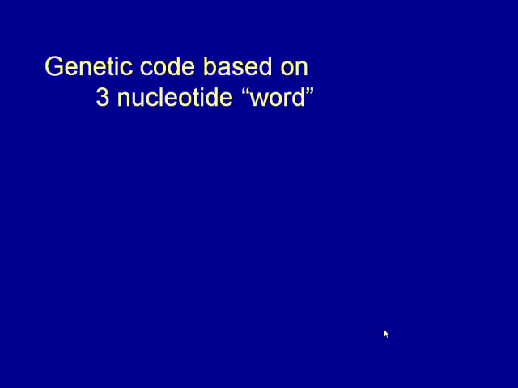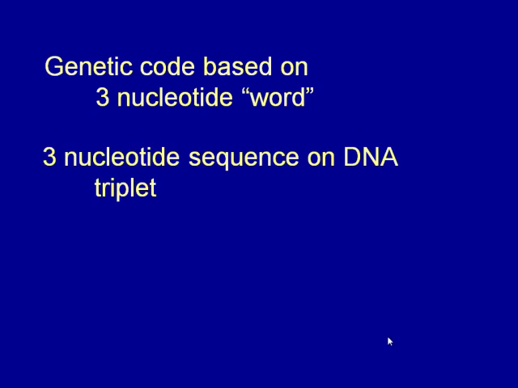And it turns out that if you have 3 nucleotides, you can code for 64 unique different code words. Now that's more than we need, which is a good thing, but that's how they determined that 3 nucleotides made one of these genetic words. They coded for 1 amino acid.